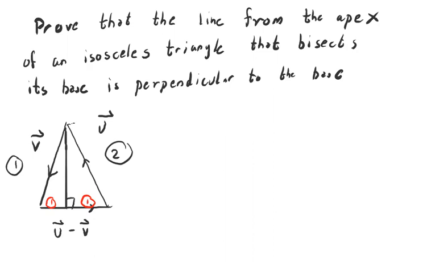One way to do this is to just use vectors. I called this guy M. So what is U? Well, U, if I use the parallelogram law of addition for vectors, is just M plus 1/2 of U minus V. What's V?